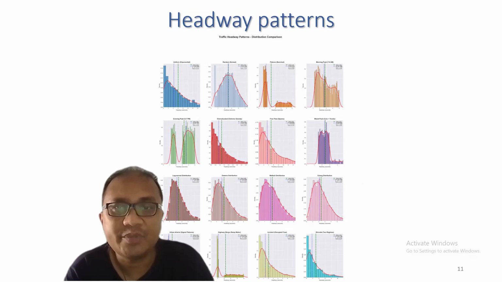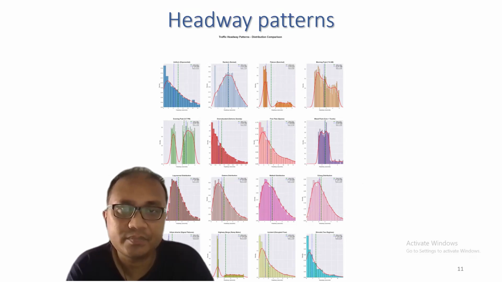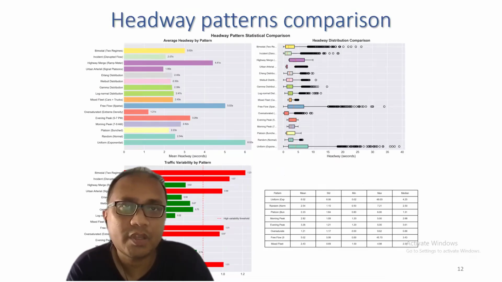Those headway arrival distribution patterns are provided here, and they are a graphical representation, you can see. And from the headway comparison, we can see that for the two competitive models, there are 16 headway patterns and 5 performance metrics.